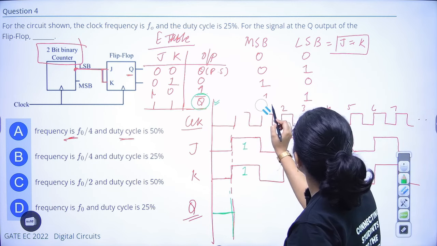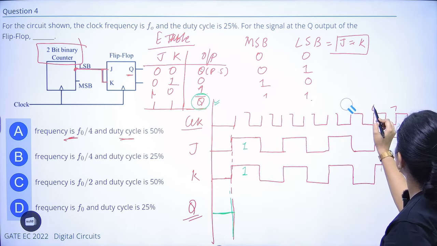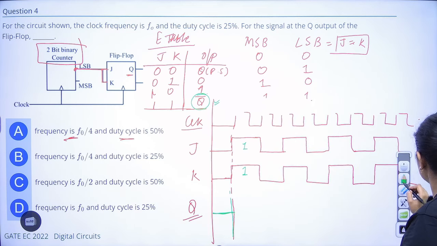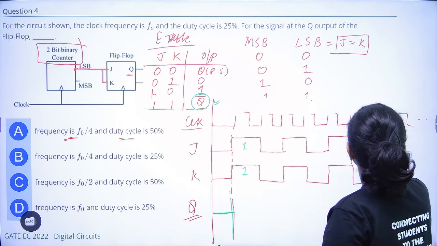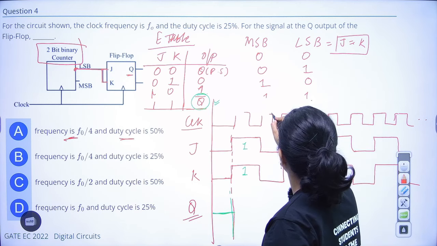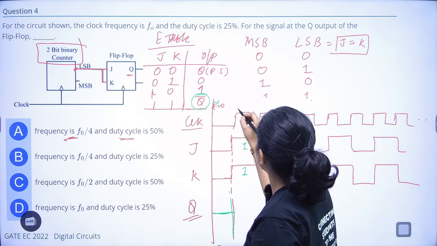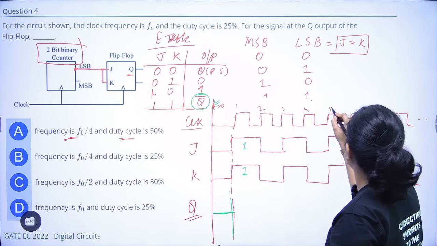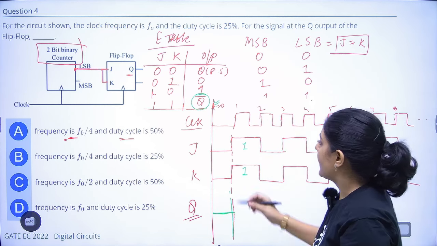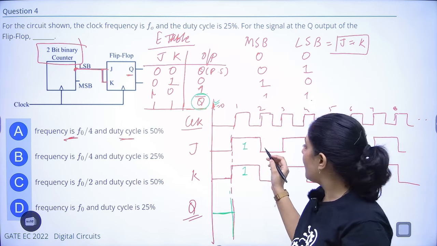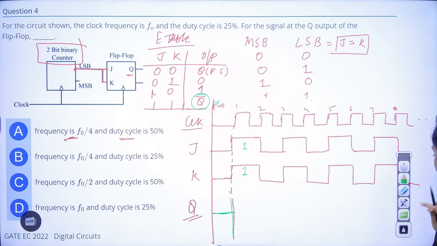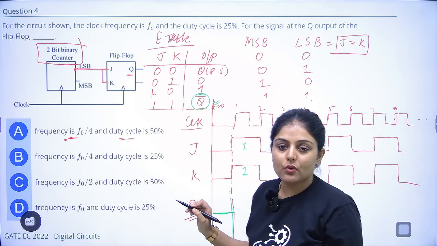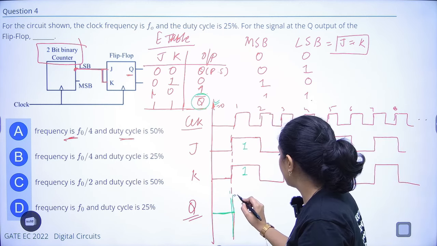So t equals 0, 1, 2, 3, 4, 5, 6, 7, 8. Whenever J and K are 1, it toggles the previous state. The previous state was 0, so it will toggle and become 1.